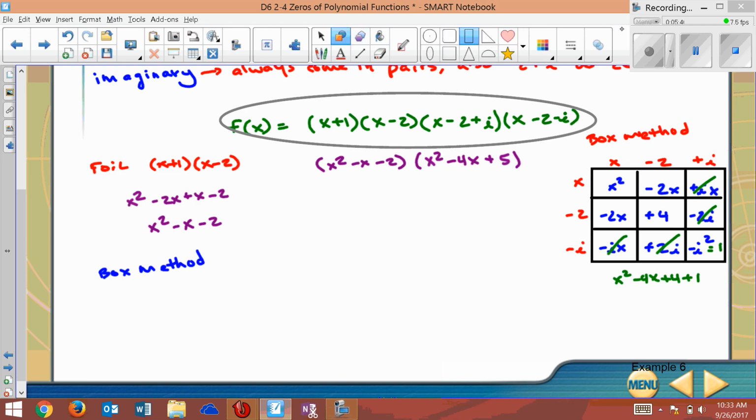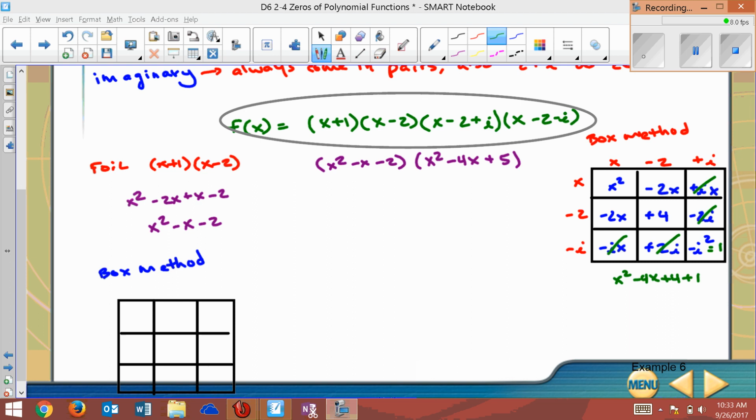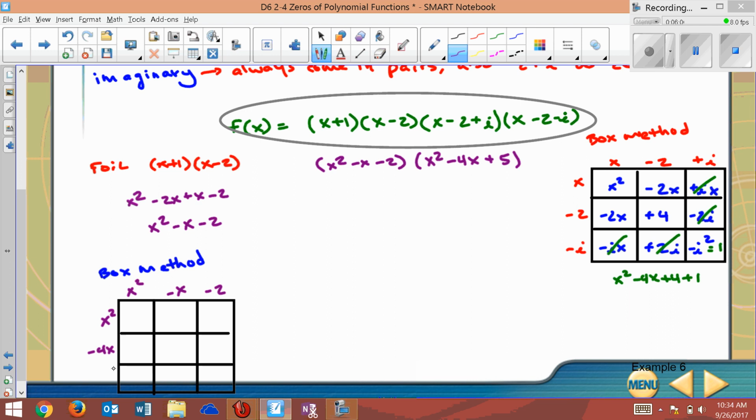I'll pause this just to draw my boxes. And now I'll fill in my terms. So we have x squared here, minus x, minus 2. That's that parentheses, times this one, which was x squared minus 4x plus 5. And I multiply across here. x squared times x squared is x to the 4th. x squared times negative x is negative x cubed.